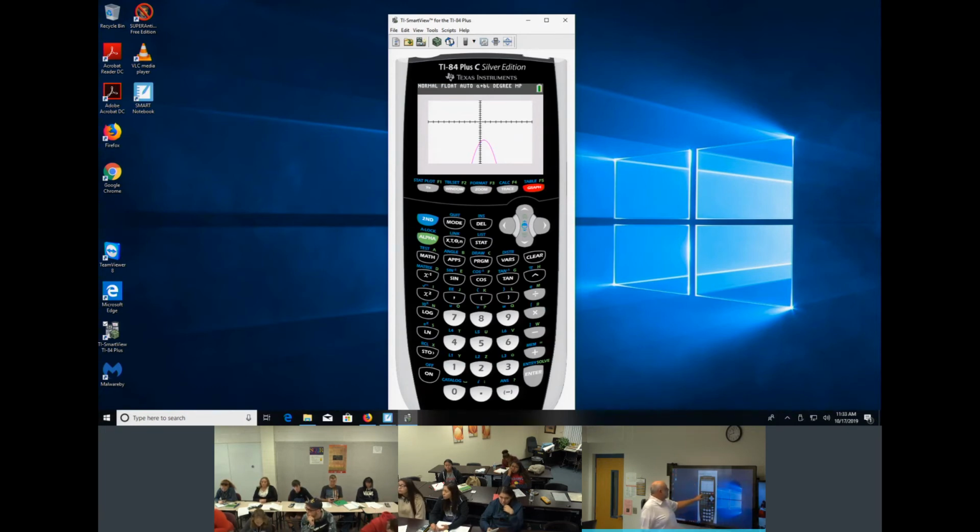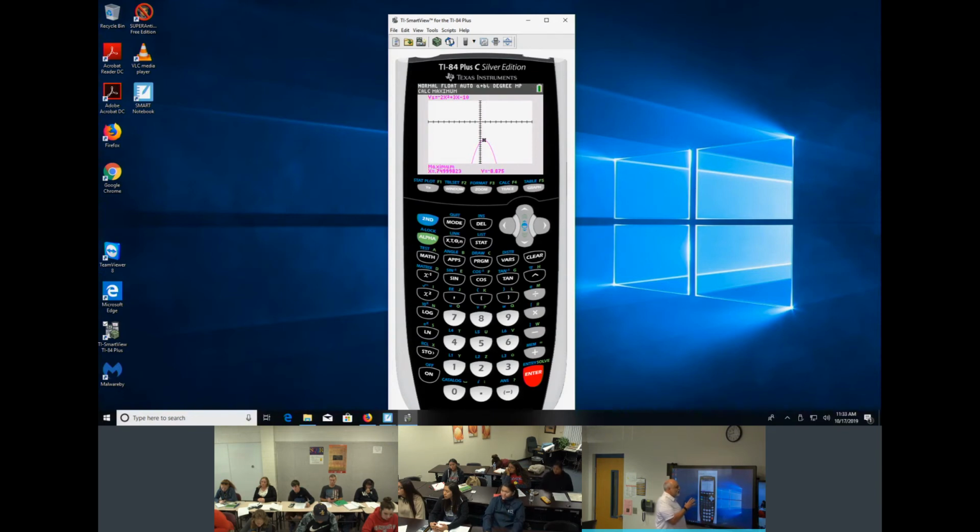So what you can do is press second, calc, maximum, or minimum, whichever one you have. So second calc maximum. And then where it says left bound, you arrow to the left of it and press enter. Where it says right bound, you arrow to the right of it and press enter. And then for guess, you just press enter again.